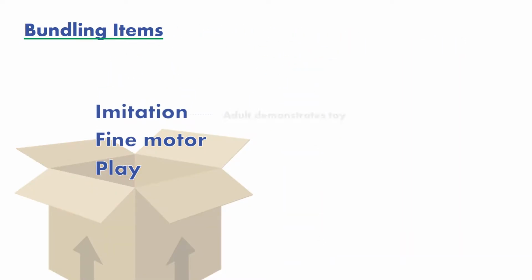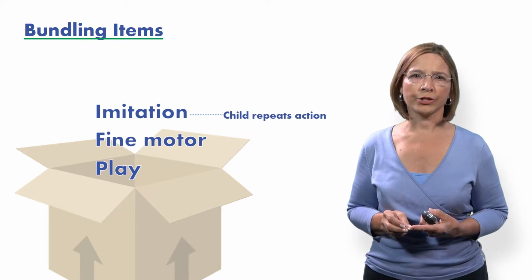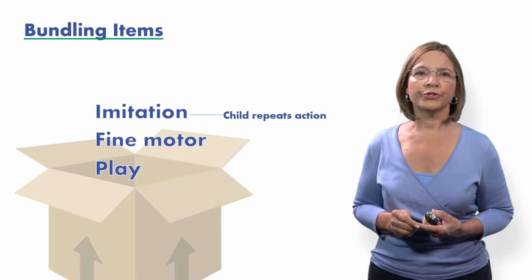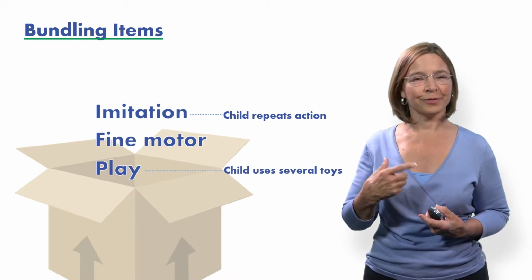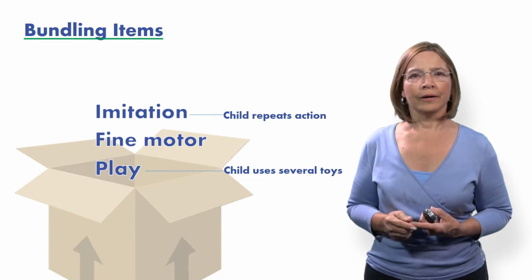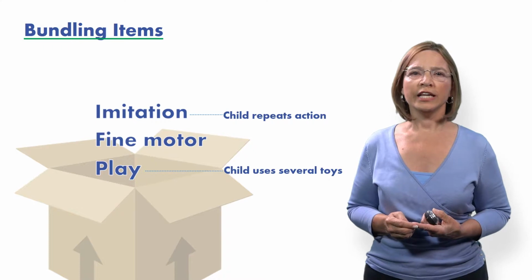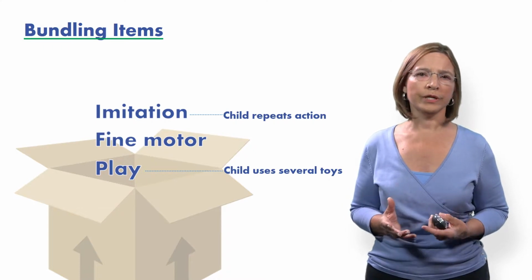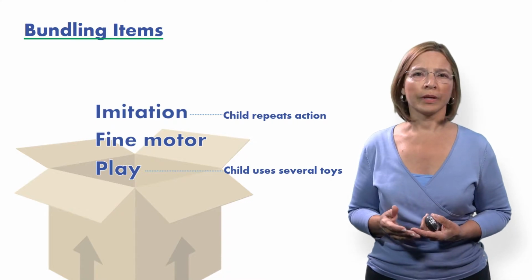When the adult demonstrates toddler toys, the child will repeat the same action, that's the imitation, with several pieces on 10 different toys, that's a play item. Example, stacking blocks, cups, pegs, or rings. 80% of opportunities for 3 consecutive days, 2 or more partners, and settings.